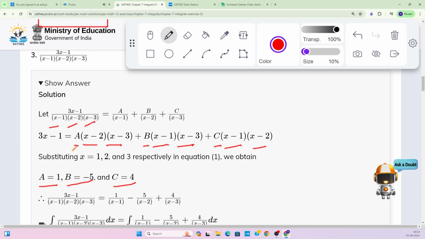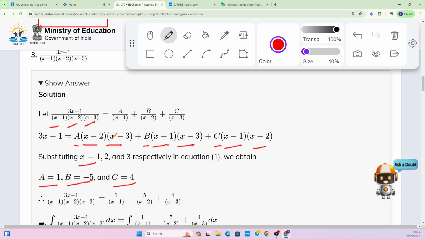Suppose you substitute x is equal to 1, then what will you have? The left side will be 2. Two of the terms on the right will be 0. From here, if you put x is equal to 1, this will be minus 1 and this will be minus 2.